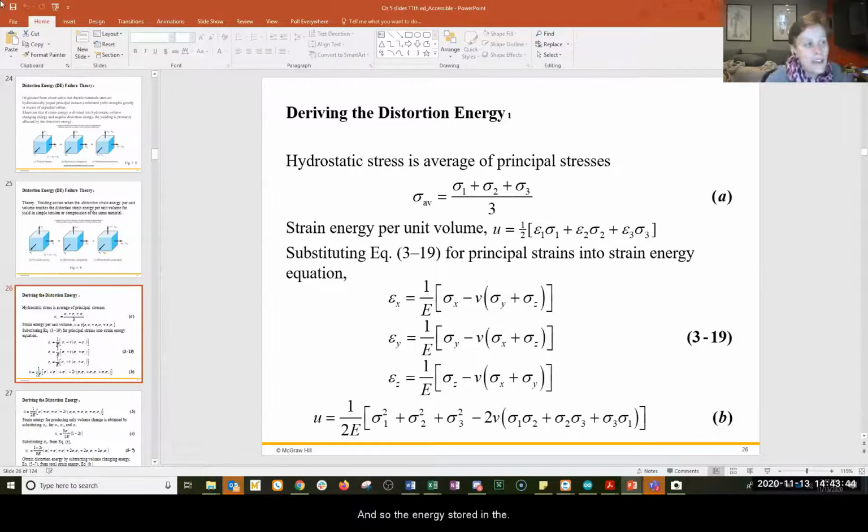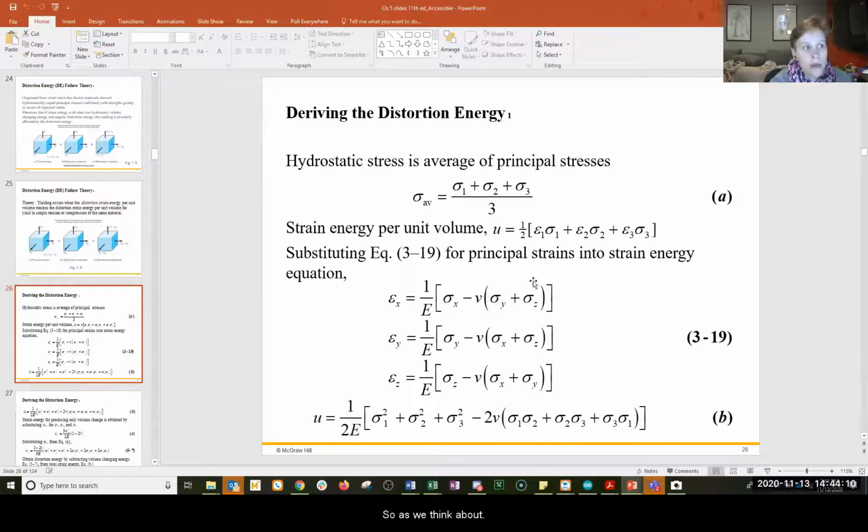And so the energy stored in that unit volume of material is the sum of the area under the curves in each direction here.